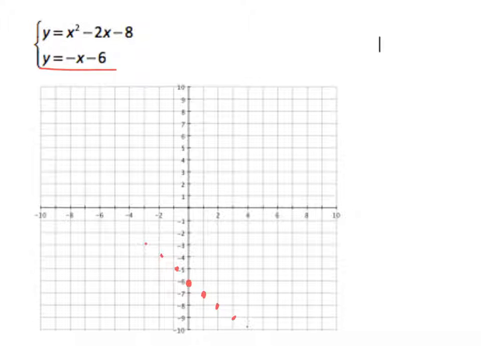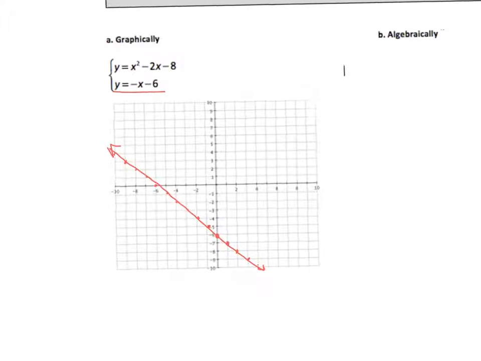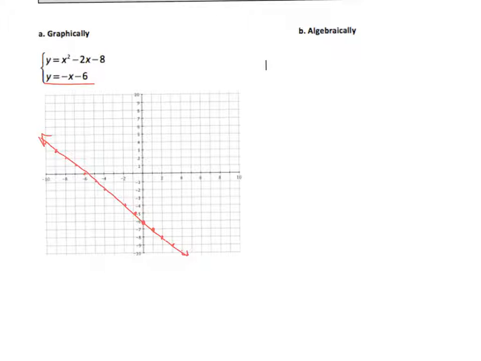I'm just going to keep on going until I run out of graph. Okay. All right. Now what I'm going to do is graph the next one, the quadratic one.